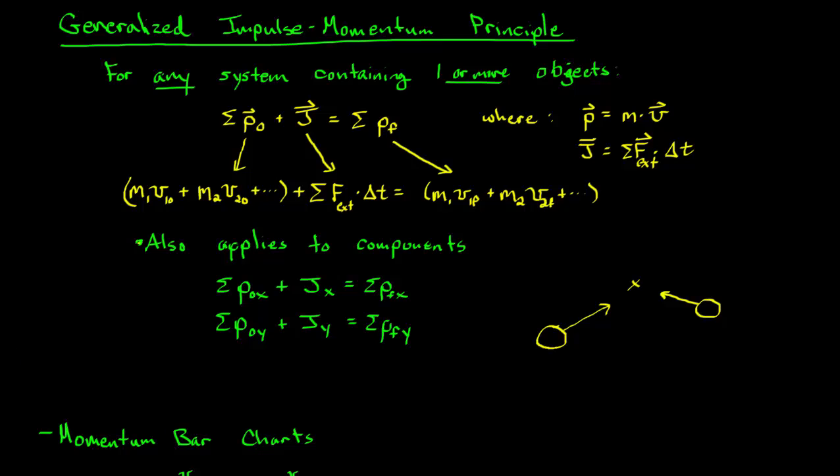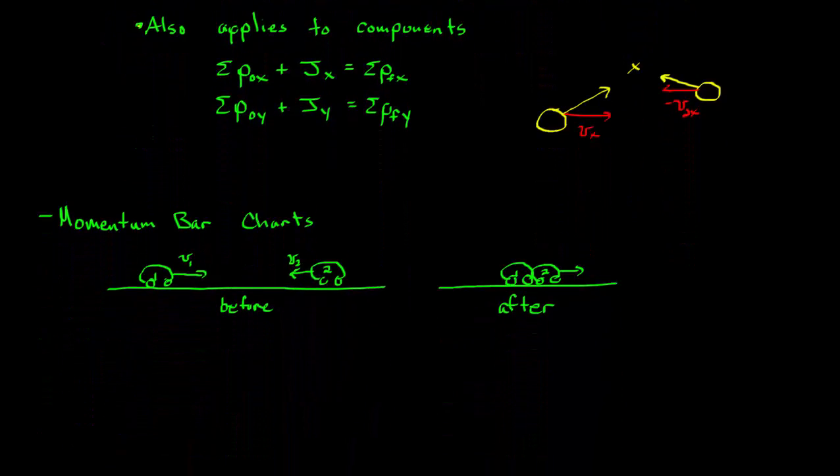We would do that by using components. So it would be the mass, this would be v1x, and then you have a negative v2x. And so we can just deal with the x, so we can find the total x direction afterwards. Anyway, again, we won't do much of this or any of it.